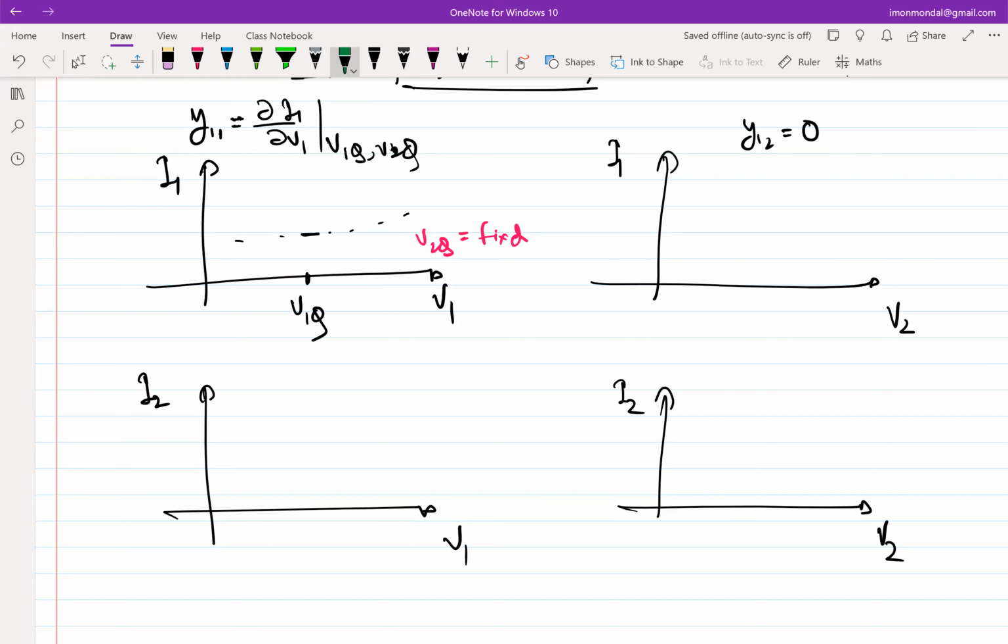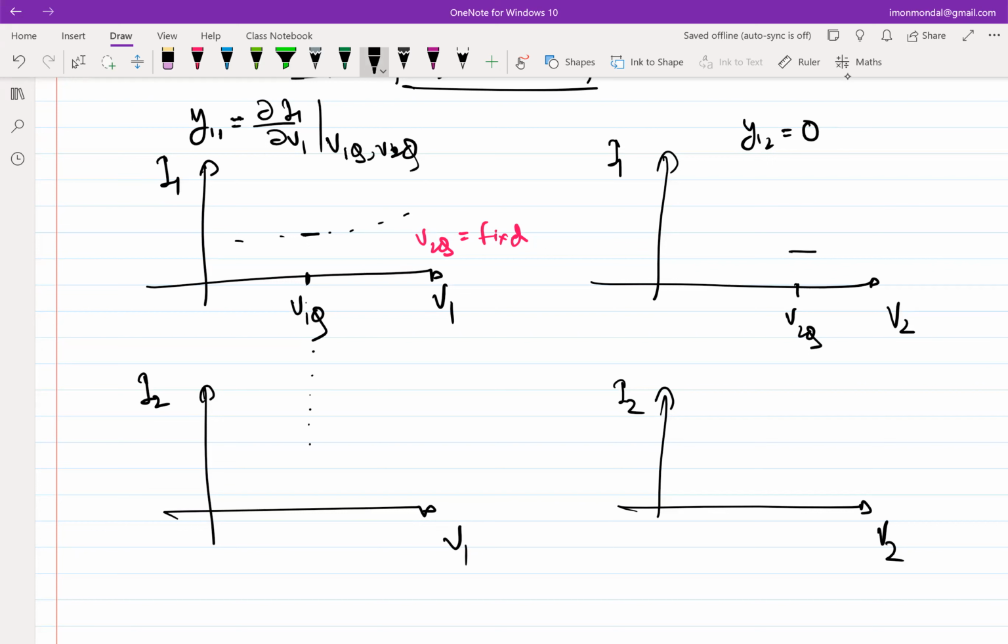Let's concentrate on only one curve for the time being. Similarly, for Y12, if I have biased it at some V2Q, this will again be 0, so this will be some constant, right? Let me extend it a bit, otherwise it looks like a point.